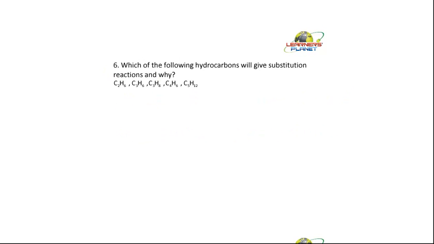Now let's take up our next question here. Which of the following hydrocarbons will give substitution reactions and why? Substitution reaction, that is, one of the hydrogen has been substituted, like if I take CH4 and treat it with chlorine in the presence of sunlight, what would be the product obtained?